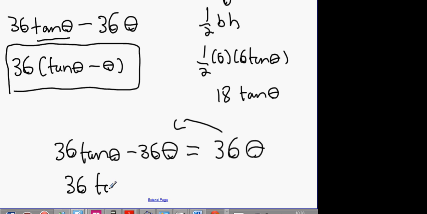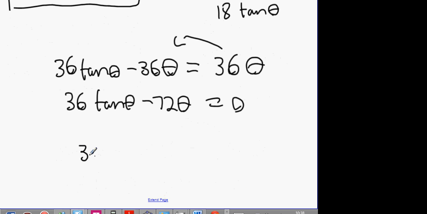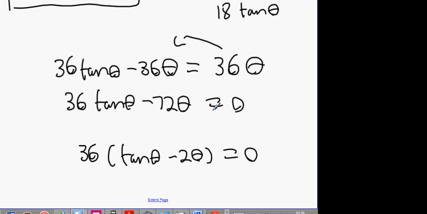Factorize out 36, and you're going to get 36 bracket tan theta minus 2 theta equals 0. So 36 multiplied by this number in here is 0. What does that mean about the number in the red block? And is that what I was asked to prove? Yeah. It is, so that's it done there.